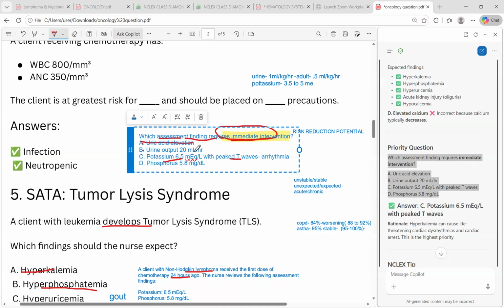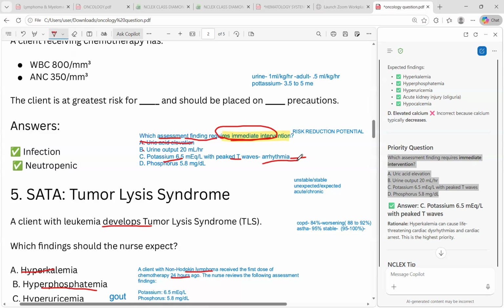But while comparing with the potassium level, there is a risk for arrhythmia. So while comparing this 20 ml per hour urine output with this potassium of 6.5 mEq with the peaked T wave, you have to keep in mind that whenever we are managing hyperkalemia, first we need to know the normal value of potassium.